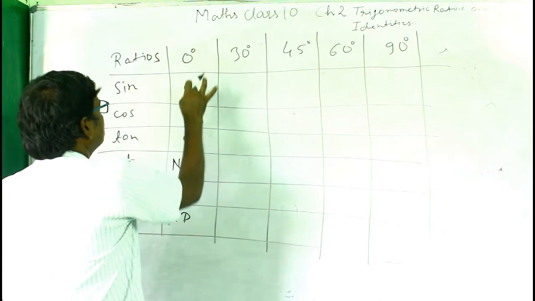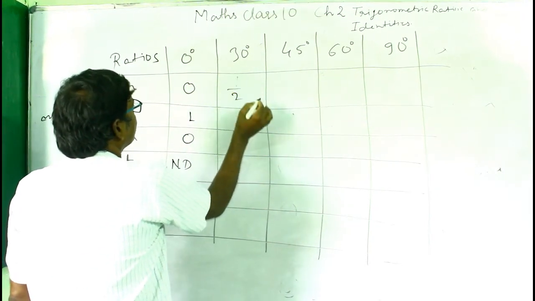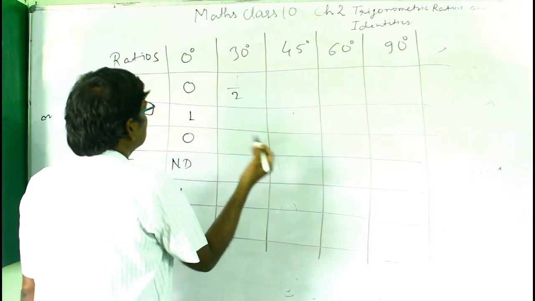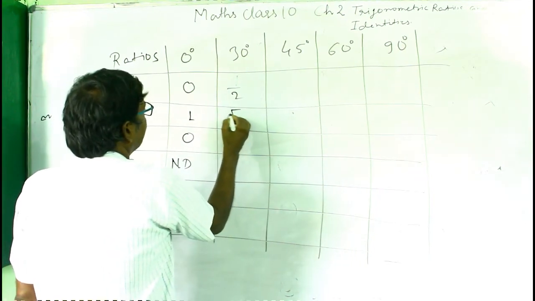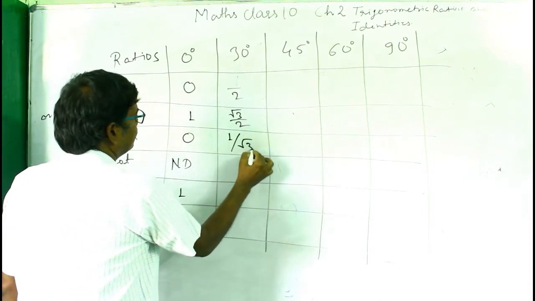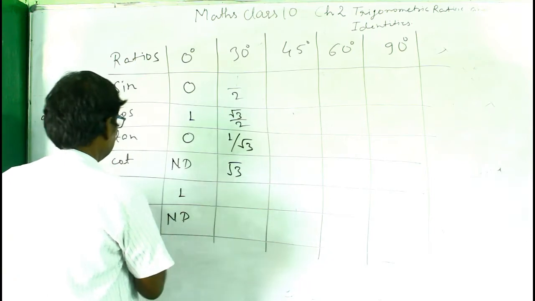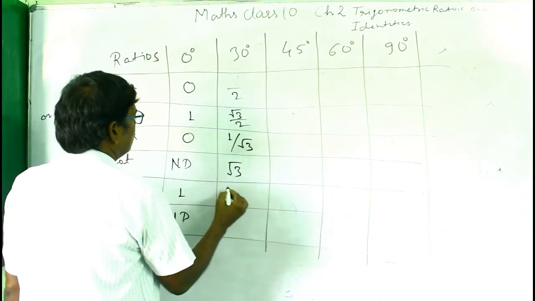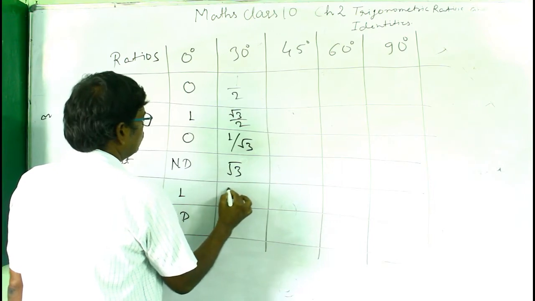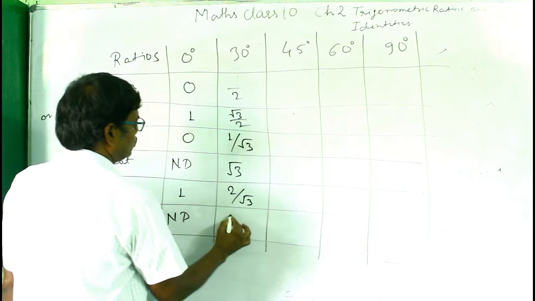So here sin 0 degree equal to 0, now sin 30 equal to 1 by 2. Then cos 30 equal to root 3 by 2, tan 30 degree equal to 1 by root 3, cot 30 degree equal to root 3, sec 30 degree equal to 2 by root 3, and cosec 30 degree is equal to 2.